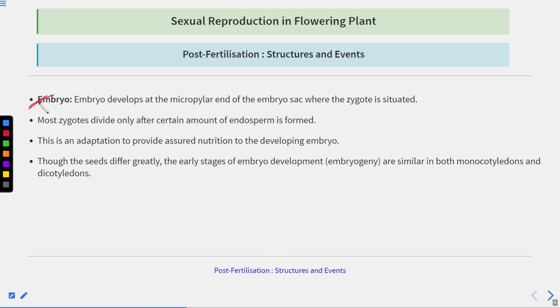Now let's talk about the embryo. The embryo develops from the fusion of the male gamete with the egg cell. The embryo should be a diploid structure because both of the gametes are haploid and they fuse to form the zygote, and the zygote will form the embryo. So what happens? This is the male gamete. This fuses with the female gamete.